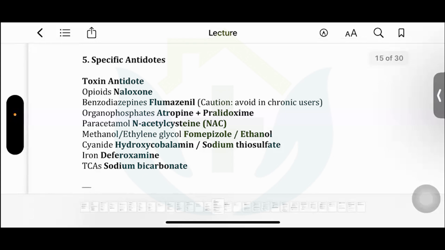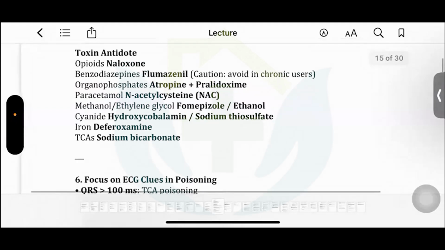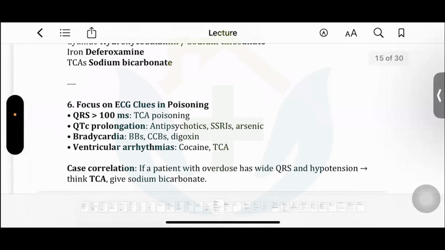And in iron overdose, desferoxamine, and in TCAs, alkaline diuresis, using a lot of soda bicarbonate is the preferred technique. Also, in cases of TCA, because they are acids, giving soda bicarb alkalinizes the pH, tries to reverse the acidotic part, and hence it does the reversal of the poisoning.